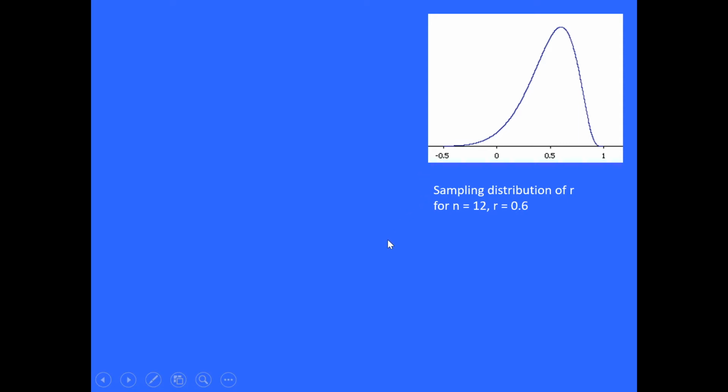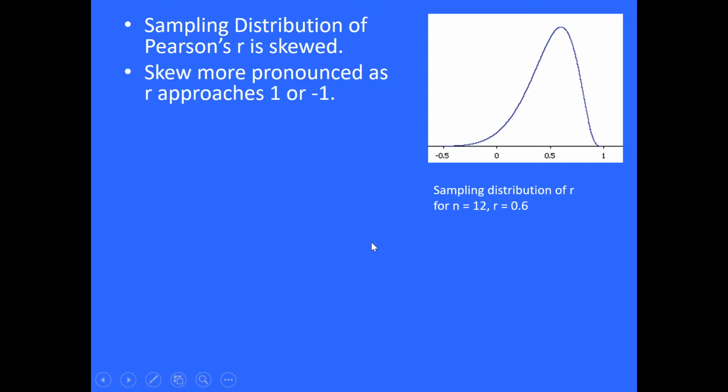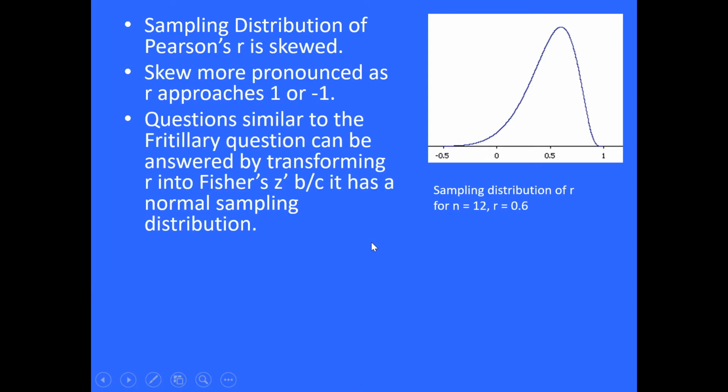So what do we do if we want to answer a question like we were doing with the Gulf Fritillary example that we saw a minute ago? Well, there's a distribution called Fisher's Z that can be used. Fisher's Z can be produced from correlation coefficients through a transformation, and Fisher's Z has a normal distribution.